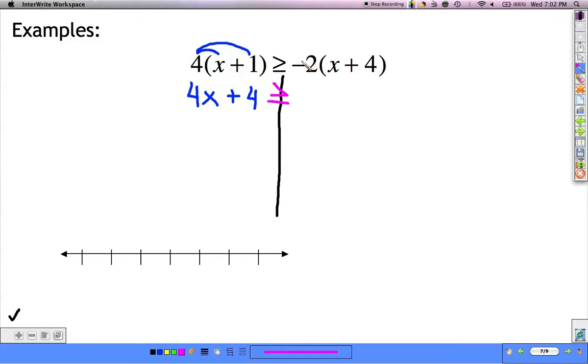The negative 2 is only being distributed on the right-hand side, so we're not doing anything that would cause it to switch. So negative 2 times x is going to be negative 2x, and negative 2 times 4 is going to be negative 8, or minus 8.